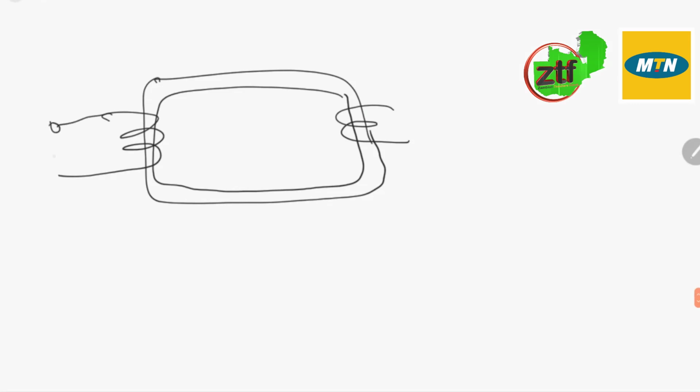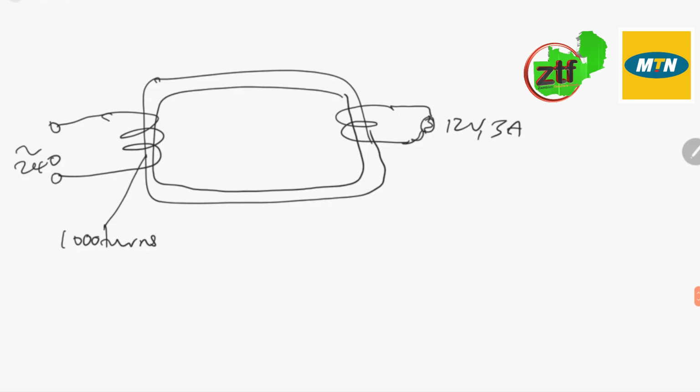And here we see an alternating voltage of 240 volts, and the number of turns is 1000 turns. Here we have a circuit that is operating a bulb which is rated 12 volts and 3 amps.